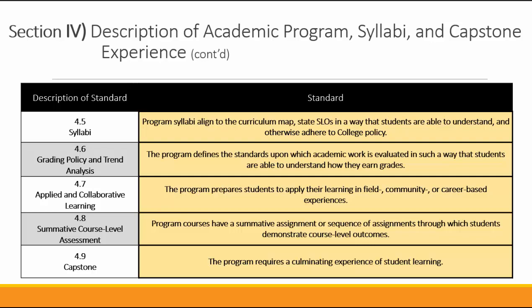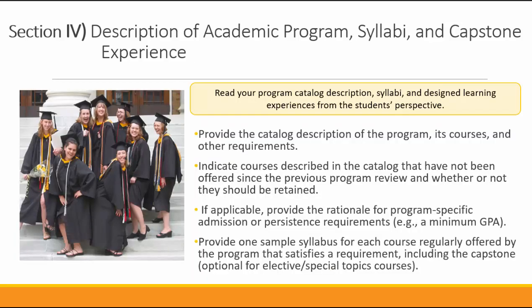The applied and collaborative learning, so things like internship, community, or field experiences. The summative course level assessment, so said another way, these are final exams or final projects at the course level, and how those will map up to a culminating experience of student learning in a program capstone. And that should pull together the components of section 4.